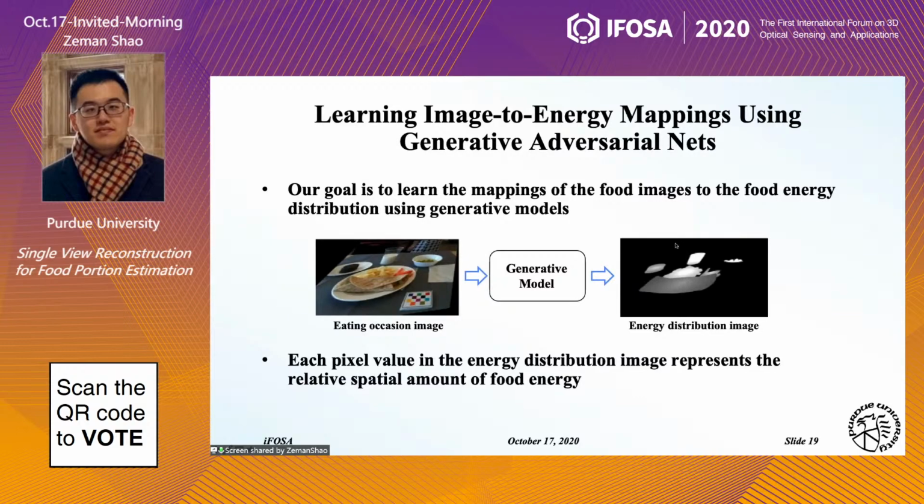The food energy distribution, here's an example, represents the relative spatial amount, or the weight, of food energy at the corresponding pixel location. Therefore, the energy distribution not only provides insight on where the food items are located in the scene image, but also reflects the weights of energy in different food regions.